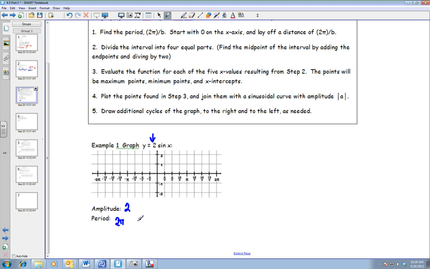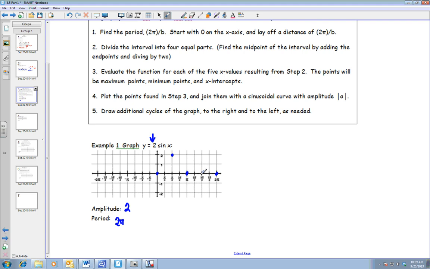So now we're going to graph 2 sine x. For sine x, I always start at 0 because I know sine of 0 is 0. I do sine of pi because it's 0, and I do sine of 2 pi because it's 0. Then I go to pi over 2 because I know that at pi over 2, sine is 1. But this time, instead of going up 1, I'm going to go up 2 because my amplitude told me to do that.